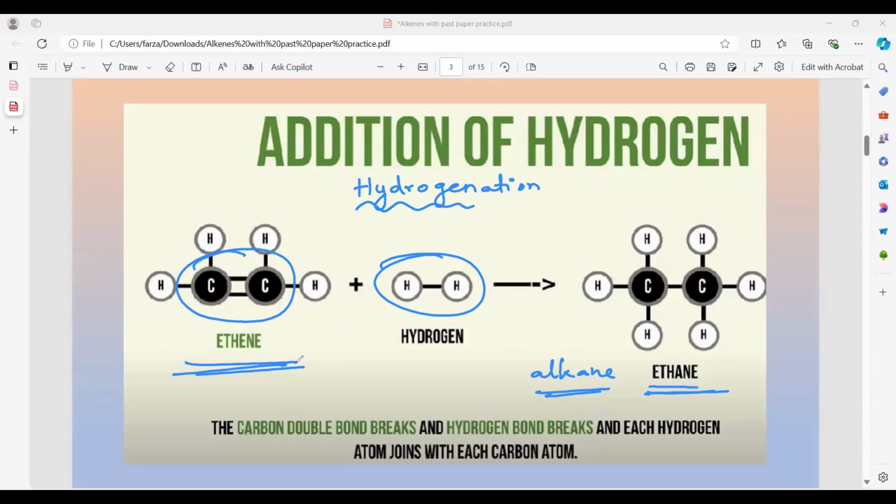Unsaturated is prepared for reaction. And remember, saturated hydrocarbon molecules cannot react, they are unreactive. Therefore, this reaction can also be called a saturation reaction.